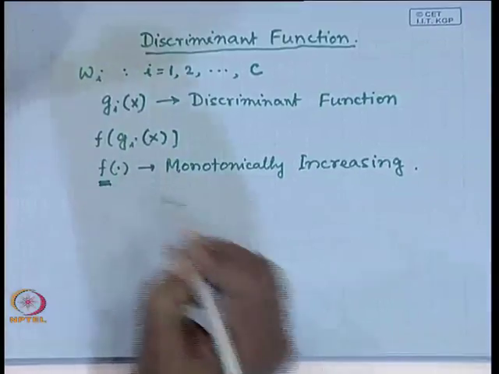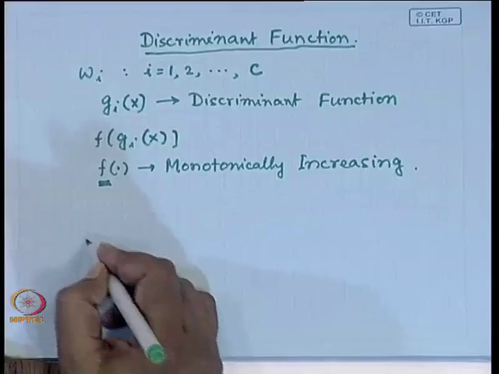Then why do we put this function f? It is only for convenience of application. In different applications, maybe g i of x itself is not very convenient, but if I take a function of g i of x, then that may be more convenient for our application.